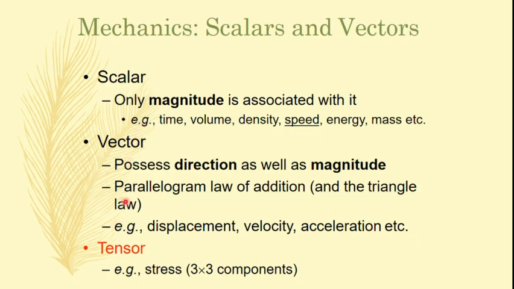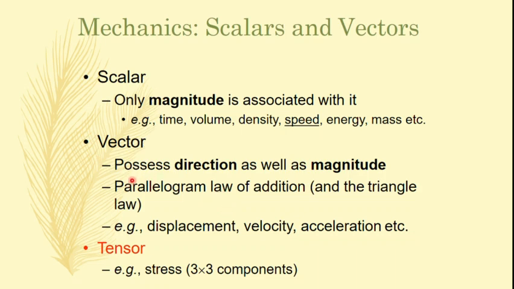Here, this parallelogram law is used for the addition of vectors. We can sometimes use the triangle law also for this addition, because in vector algebra we cannot add two vectors directly.